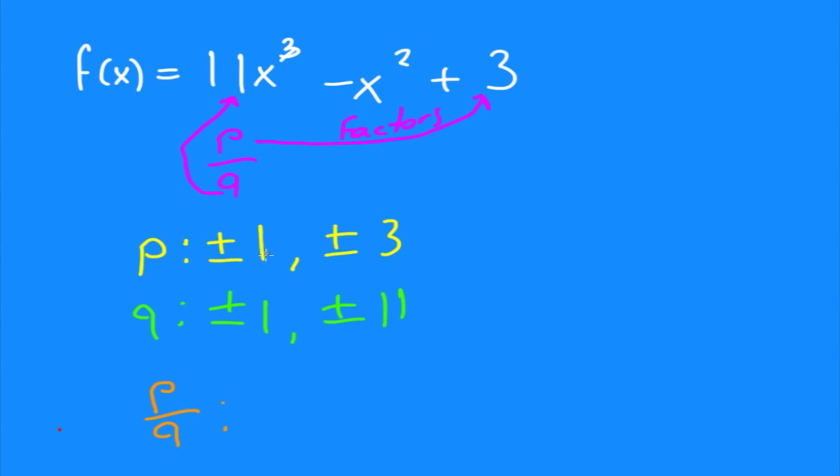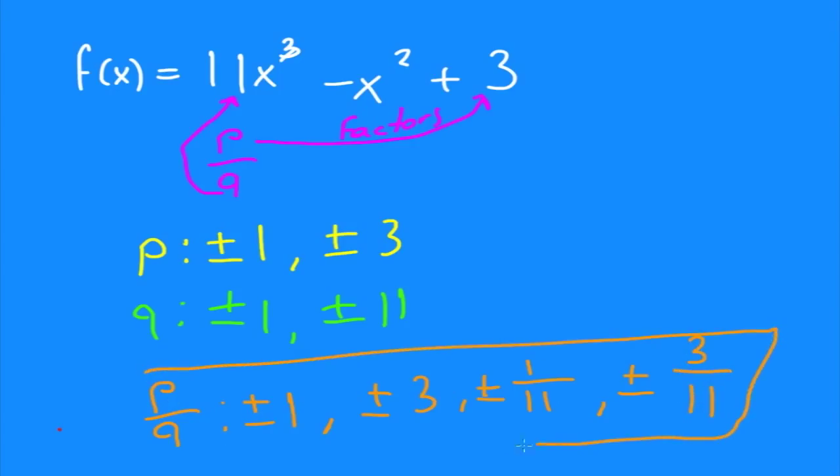So 1 over 1 is 1, so plus minus 1. 3 over 1 is 3, so plus minus 3. Then plus minus 1 over 11, and plus minus 3 over 11. And those are your potential rational zeros.